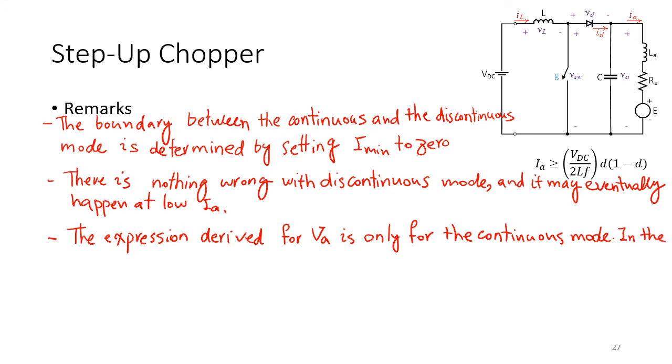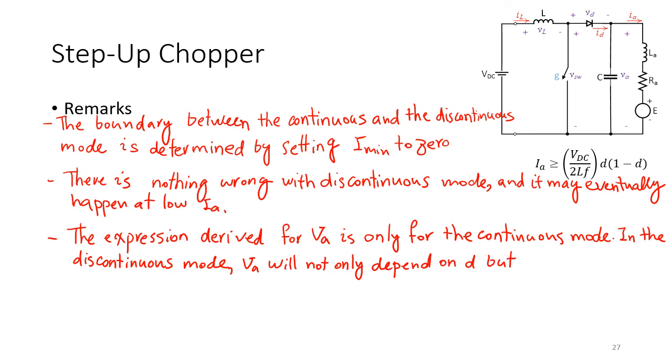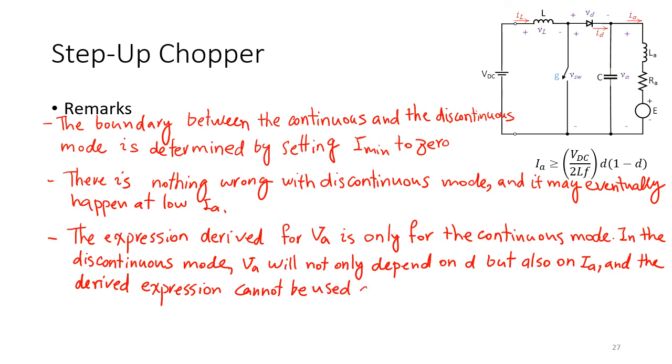In the discontinuous mode VA will not only depend on D but also on IA, and the derived expressions cannot be used any longer.